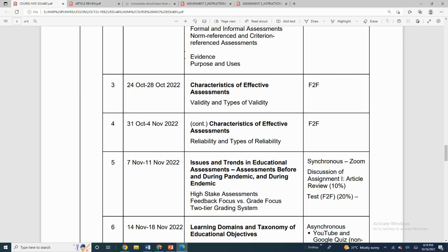In addition to that, we're going to have a 1.5 hours meeting physically, face to face, where I will be administering our test, which accounts for 20% of the overall course assessment scores.